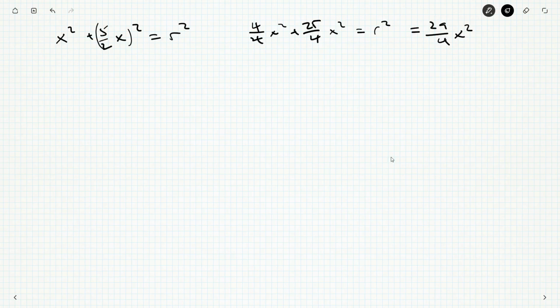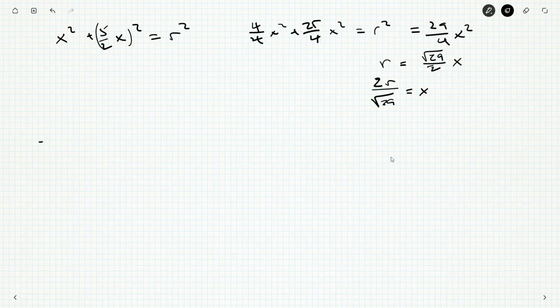But I suppose we could have r is root 29 over 2x. There we go. So, but probably going to want to actually have it as 2r over root 29 is equal to x, because I'm going to get another equation thanks to the similar triangles, and it'll have x's and r's, and I want to substitute in and solve for r, not for x. So we'll rearrange it there.